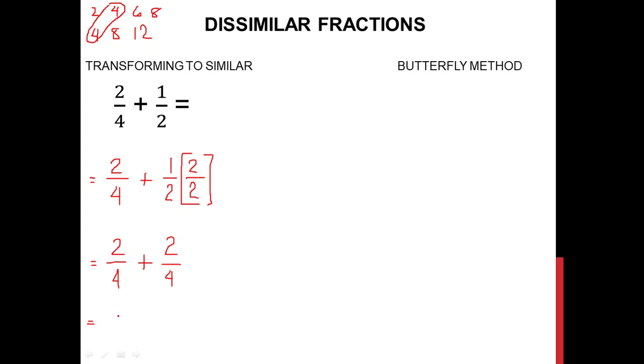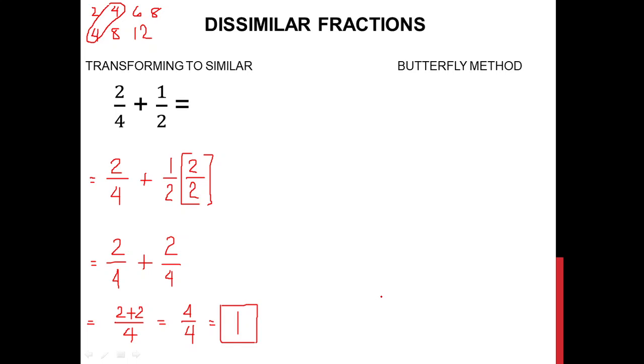Then we can add. Copy the common denominator and then add the numerators. So you have 2 plus 2, that is equal to 4, over the denominator 4. Simplifying this one, that's basically 4 divided by 4, so that's equal to 1.